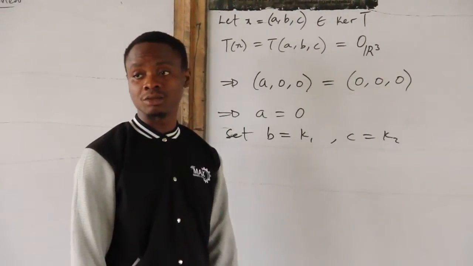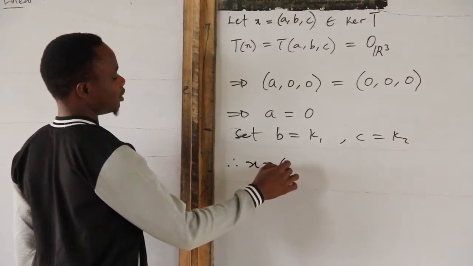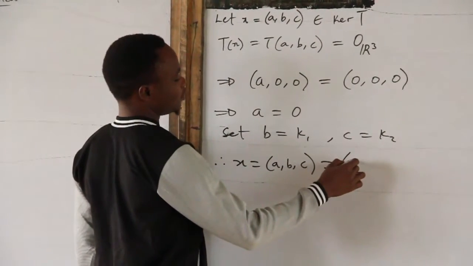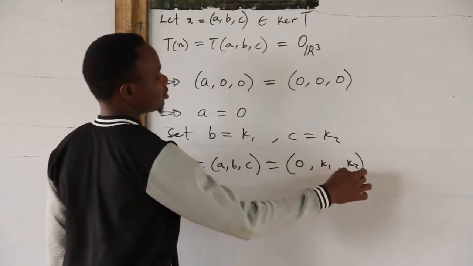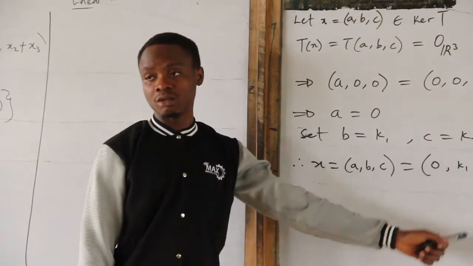Is it making sense? Alright, so therefore x is equal to a, b, c, which is 0, k1, k2. Pay attention, please. So how will I write this now? I want to factorize this.